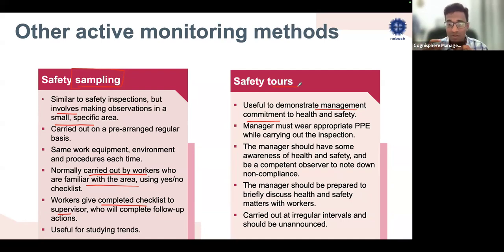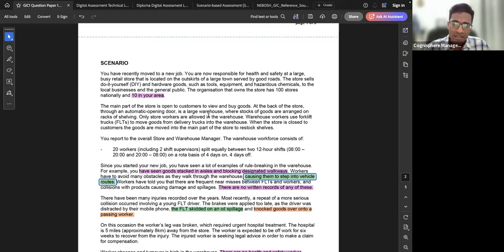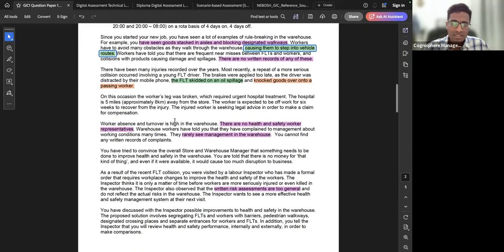During a safety tour, one advantage is they are able to show visible leadership, a visible presence to the workers, which is not the case in this scenario. As you could clearly see, workers rarely see management in the warehouse, so they don't do any safety tour or walkthrough inspections of the warehouse.